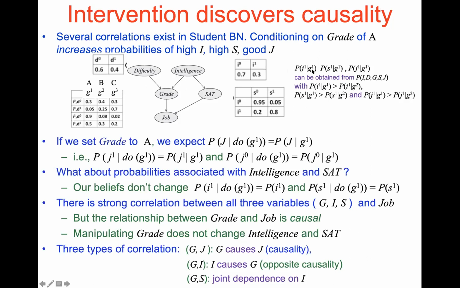Given that the grade is A, one can determine the intelligence, what the SAT score might be, that is S1 given G1, and J1, that is, given a high grade, the probability of getting a job.